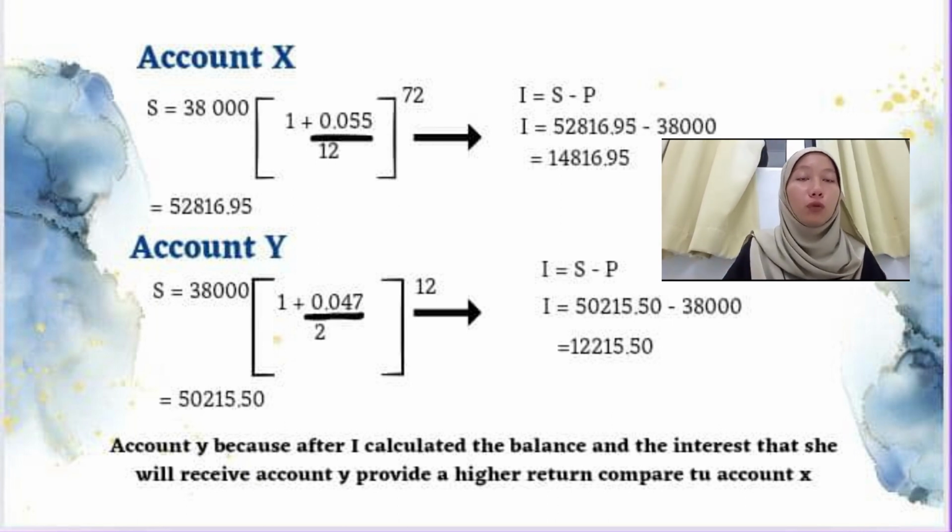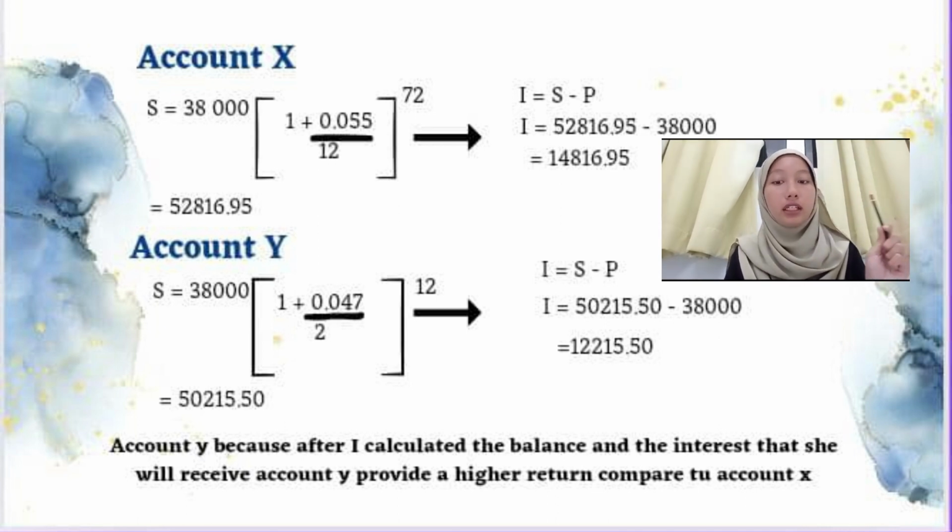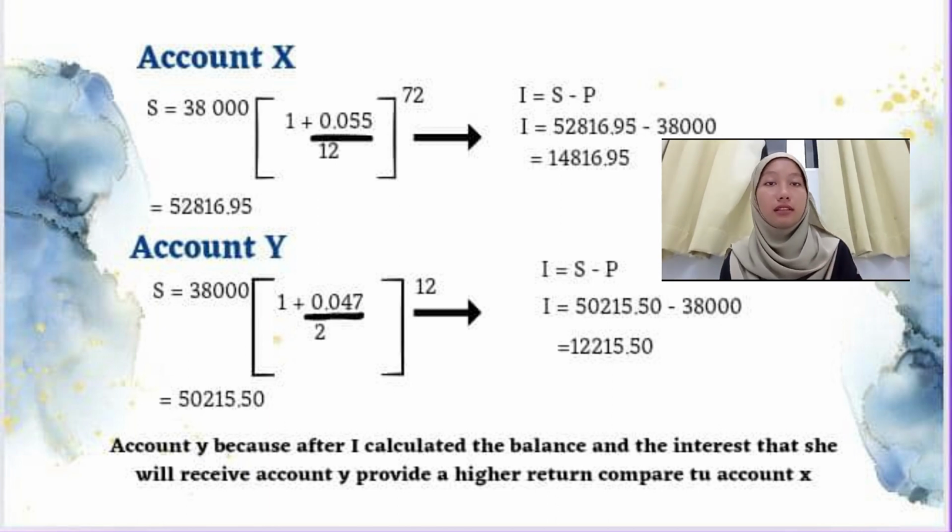If you go back to the question, they ask you to calculate the interest that Khadijah will receive. So for the interest formula, I equals S minus P. For the S, you can just take the S that we have calculated already, which is 52816.95 minus 38,000, and then you will get 14816.95. So that's the interest.